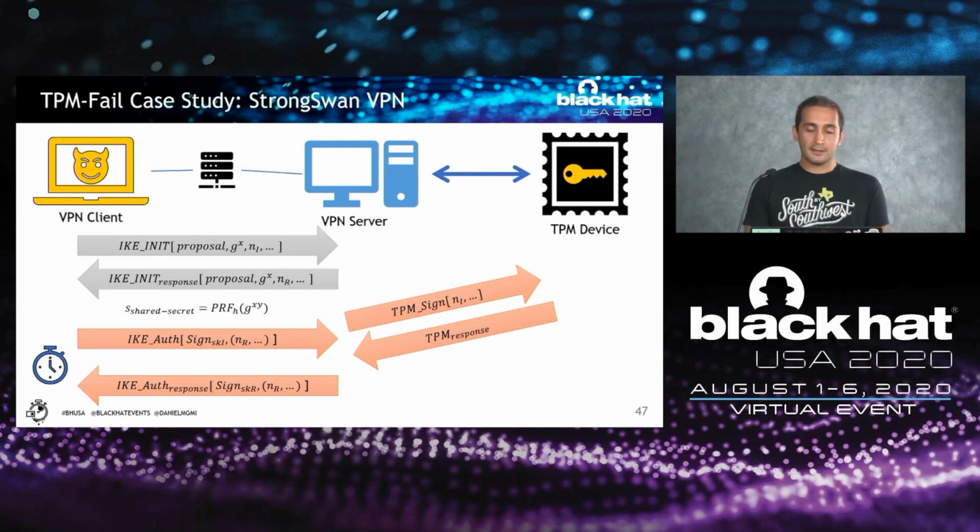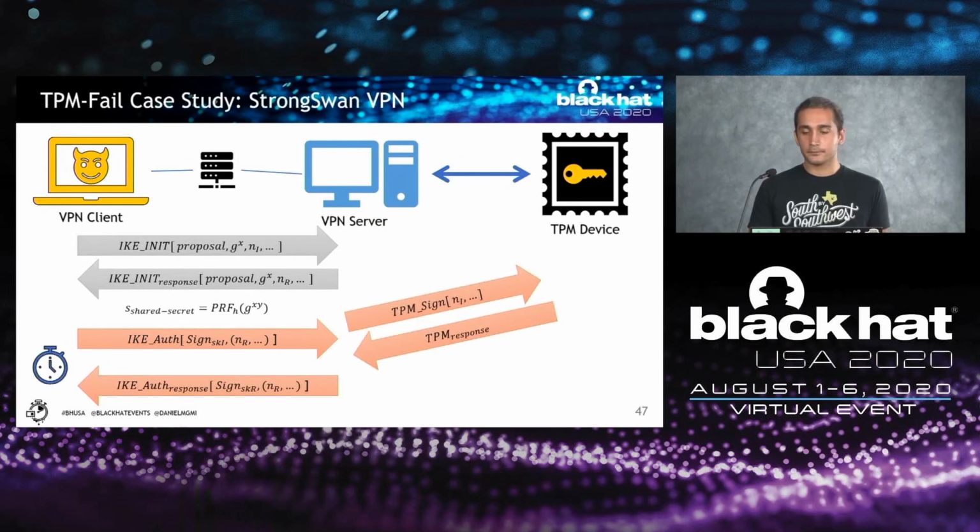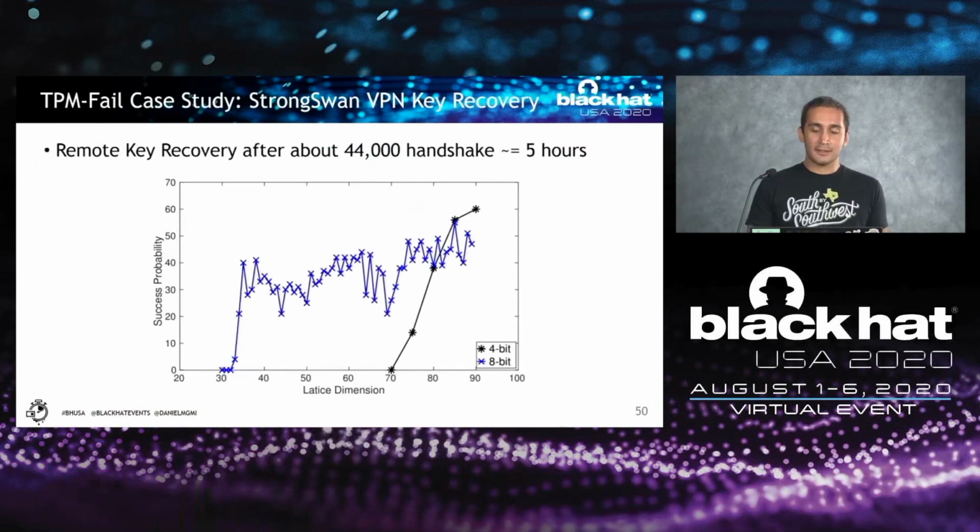But the bad thing about this is that if we have a vulnerability in the TPM device, then every time there is a handshake, you can measure the time. So here, what we did is that after the second handshake, we just drop the connection and repeat this operation again, and we collect lots of timing measurements. After doing that, we again applied the same attack that we explained as our local attack as the root adversary, and with this remote attack, we again managed to recover the private key from a VPN server.